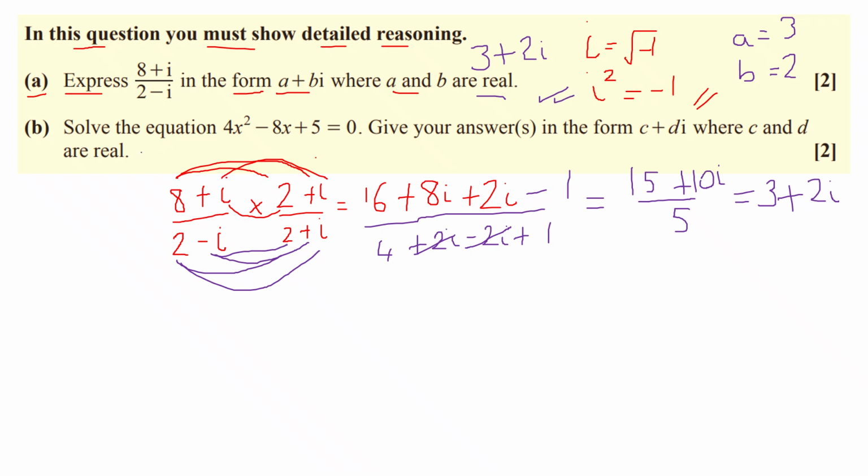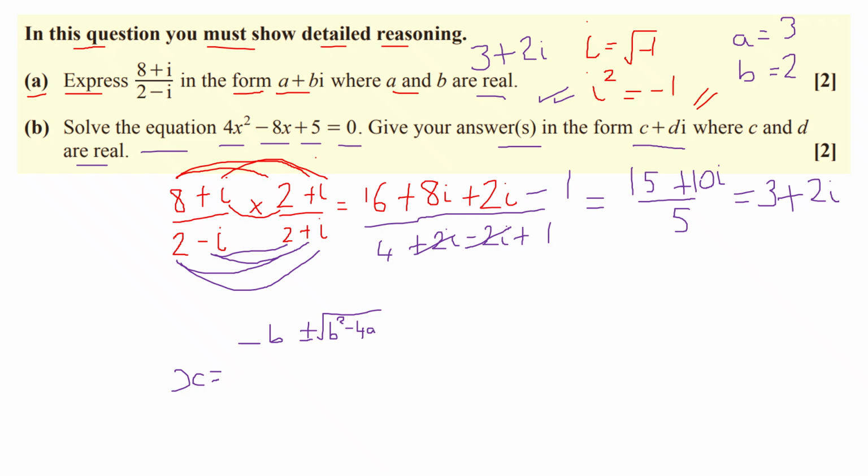Part B, solve the equation 4x squared minus 8x plus 5 equals 0. Give your answer in the form c + di, where c and d are real. So this is a quadratic equation. I'm going to solve it using the quadratic formula, which is x equals negative b plus or minus the square root of b squared minus 4ac, all over 2a.